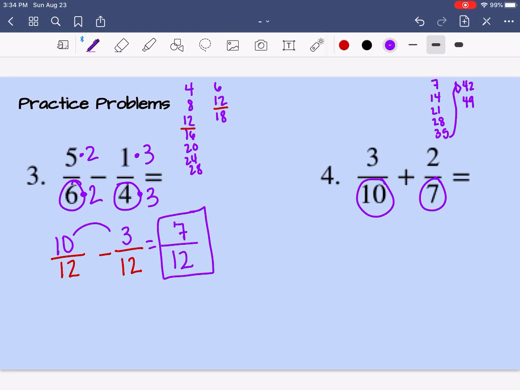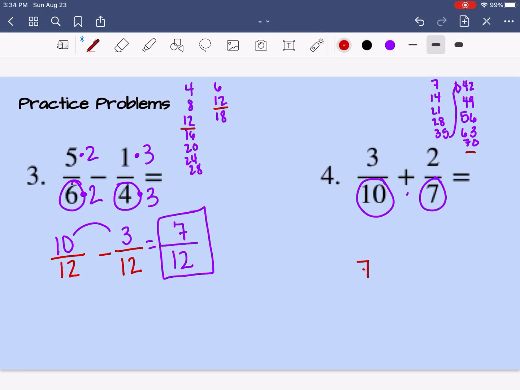While I'm doing this, what do I know about multiples of 10? Right, they all end in a 0. So my multiple has to end in a 0. So I'm just going to keep going. 56, 63, and there it is, 70.